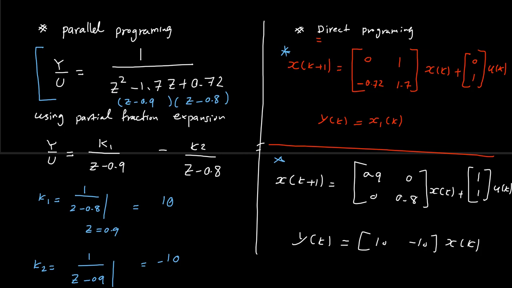Now for the direct programming, we notice that the last line here contains very fruitful information regarding the characteristic equation. From here, if I need to write the characteristic equation, the order here is 2, so I will start from z to the power 2. Then this will be the coefficient of z, inverting the sign, and this will be the coefficient of z to the power 0. So this is the characteristic equation.